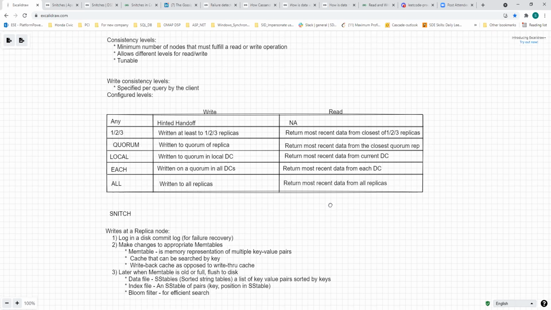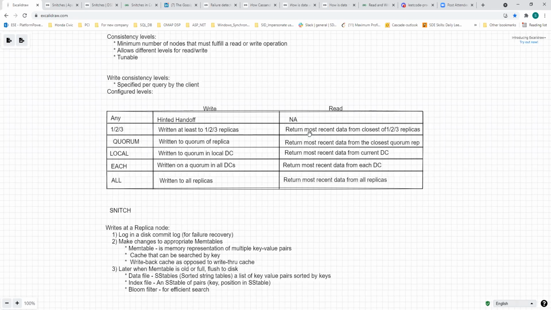Also, if you look at read, it is almost the same. Whenever you want to read for 1, 2, 3, you go for the closest of 1, 2, 3 replicas. The closest has a slightly different meaning here.